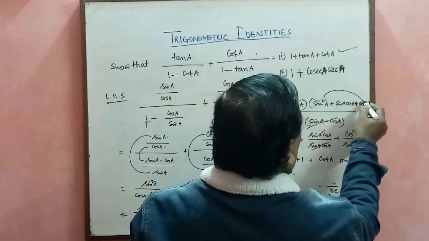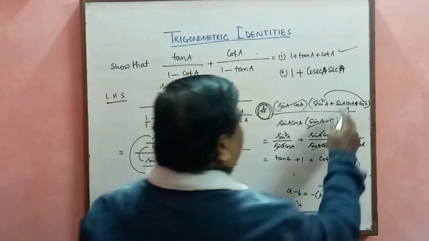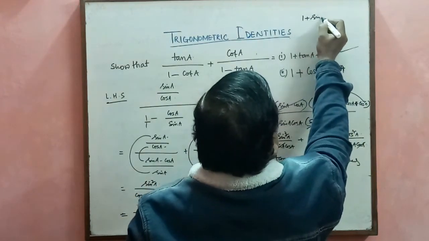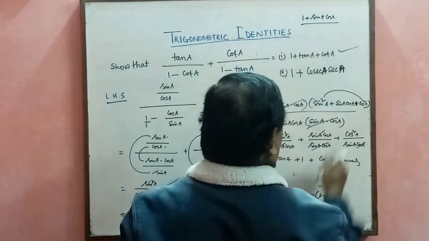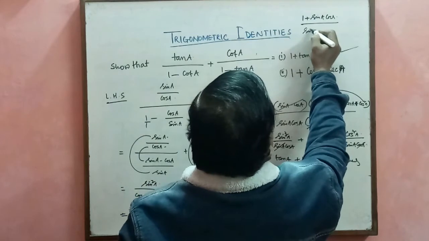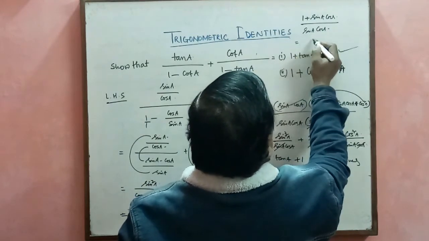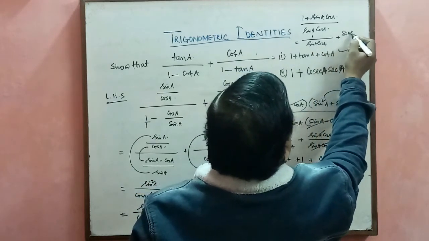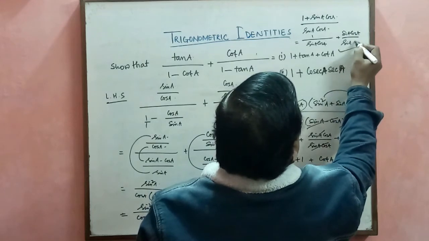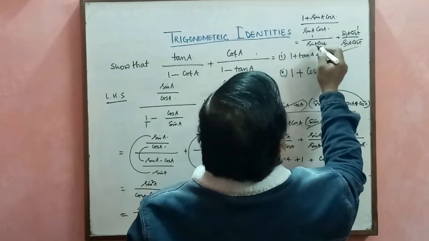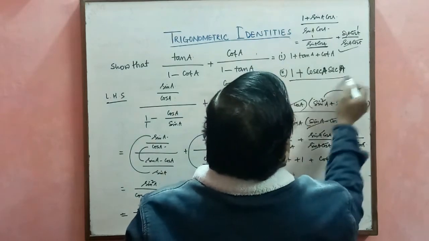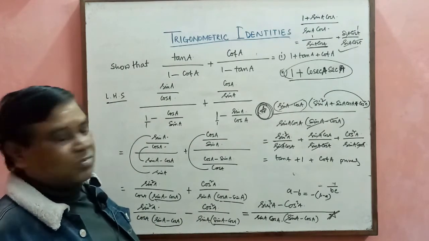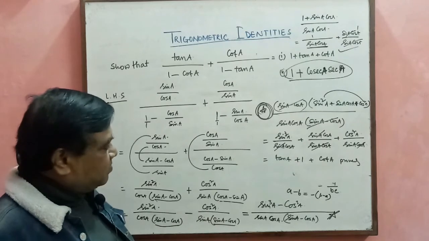Sin square plus cos square is 1, so we can write this as 1 plus sin A cos A upon sin A cos A. So obviously this is 1 upon sin A cos A plus sin A cos A upon sin A cos A. This is 1 and this is 1 upon sin A cos A, which is 1 plus secant cosecant. Proved. So this is all about today.